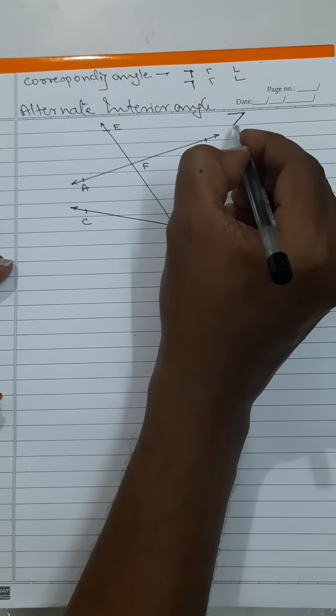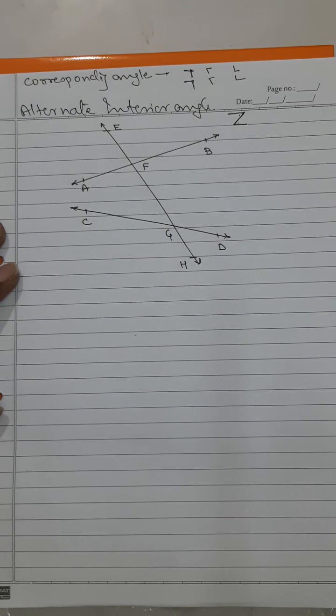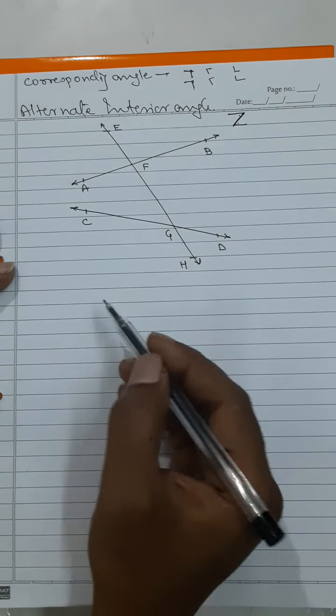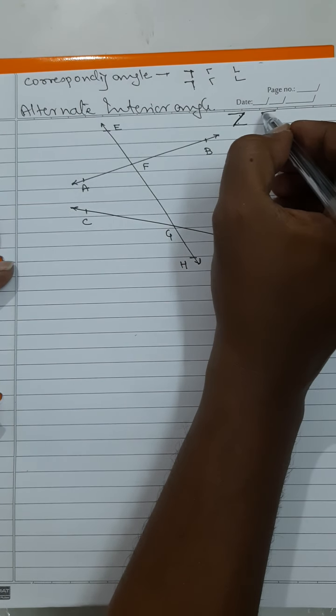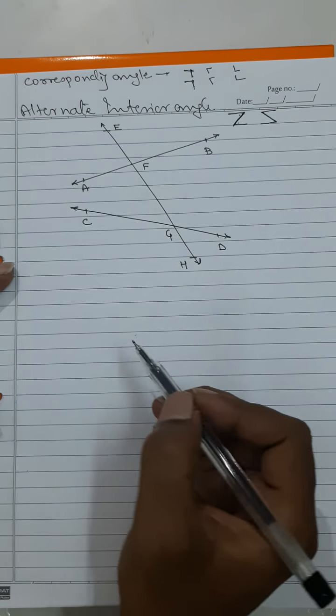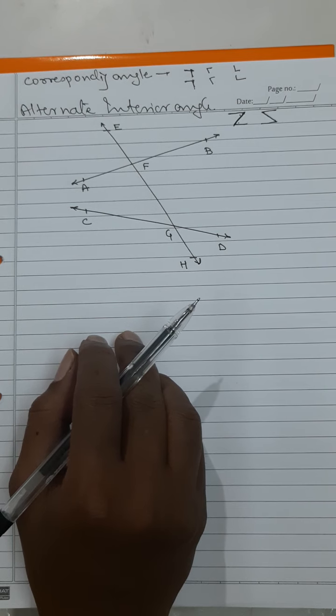It will start from here itself. One arm will be a common arm, the middle arm. If one is traveling like this, the other one will cover the previous one and then travel in a different way. Alternate angles are always like this.